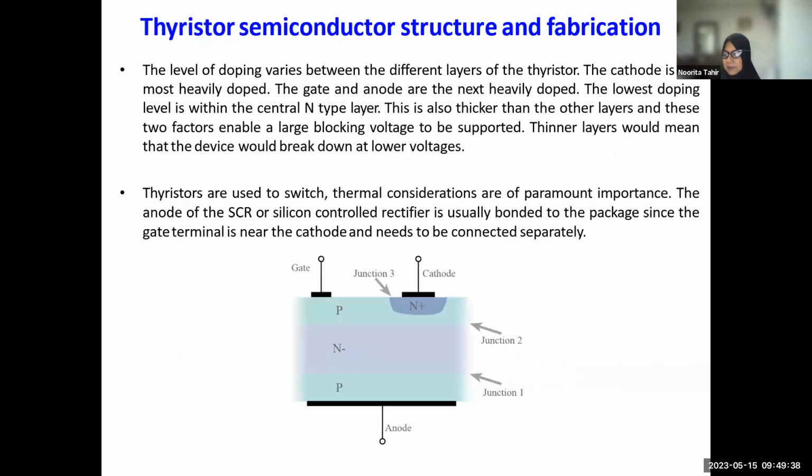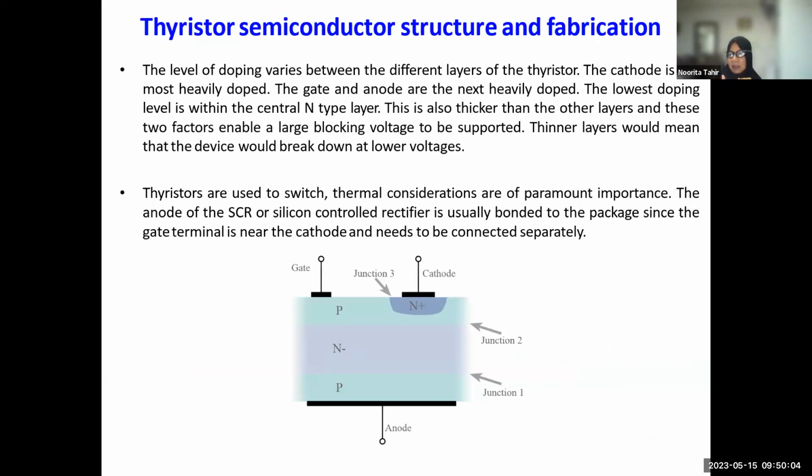Okay, let's look here. How is the structure and fabrication of our thyristor? What we need to know is the level of doping between these thyristor layers. The cathode is the most heavily doped, followed by the gate and the anode.